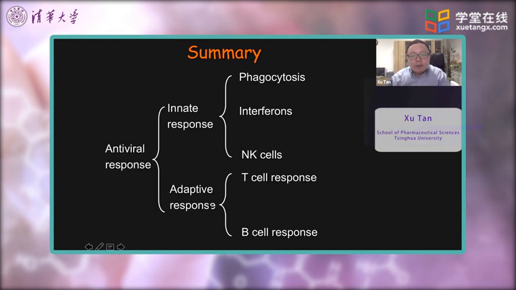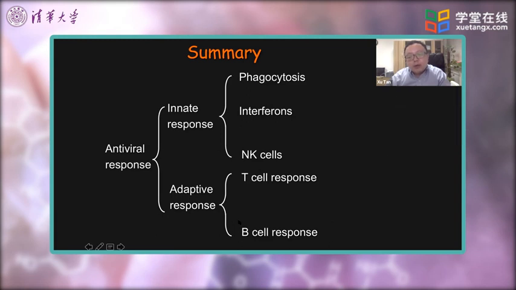The adaptive response can mainly be characterized as T cell responses as well as B cell responses. Keep in mind the B cell responses are also dependent on the T cell responses, mainly the CD4-mediated B cell activation.